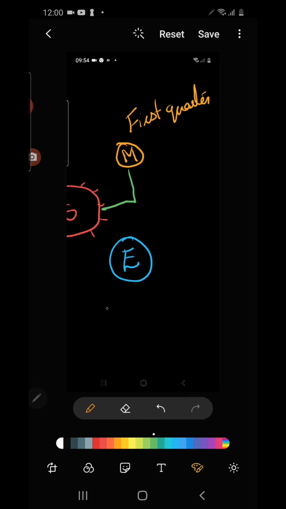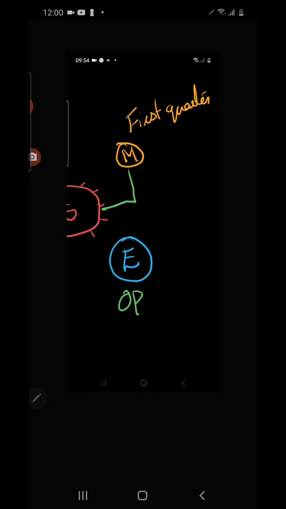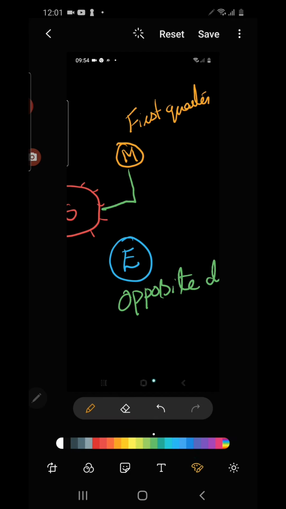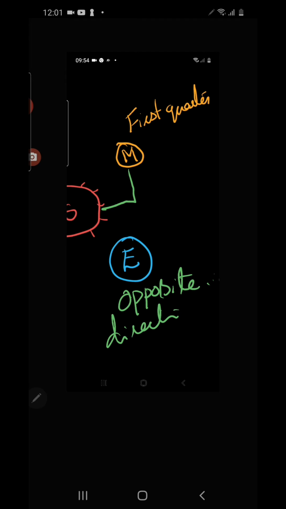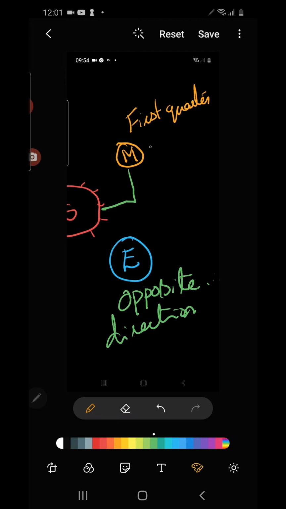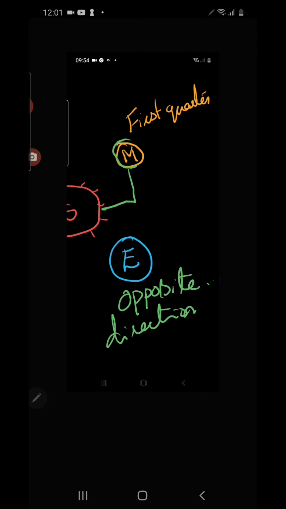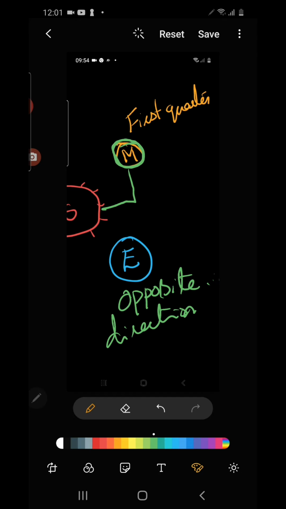So what happens? The sun's gravitational force works in the opposite direction of the gravitational force of the moon. Understood? Opposite direction. So the gravitational force of the moon is reduced, reduced compared to the normal days.